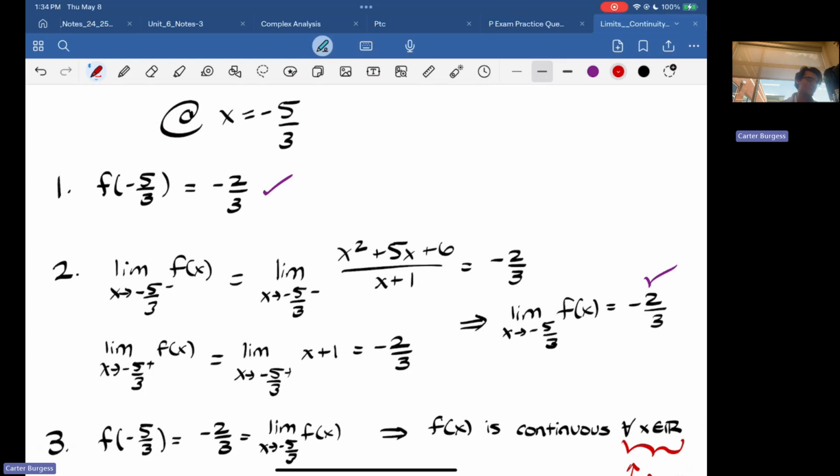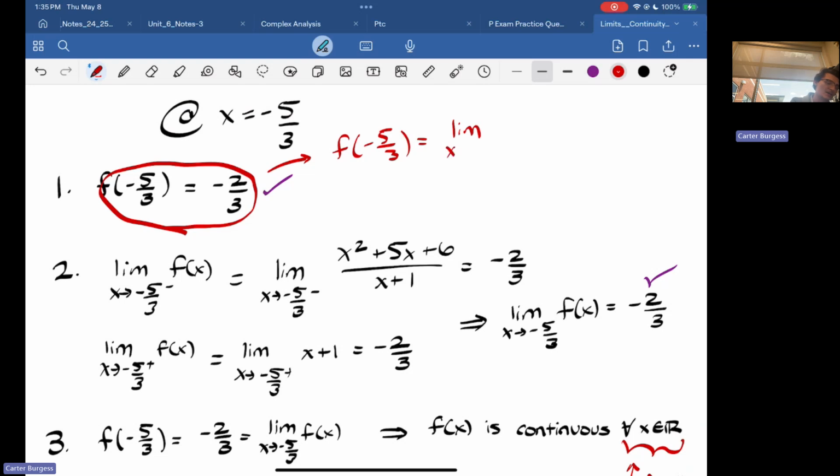You could include this as a second statement. This is what I was doing for one of my other periods: if you do this step second instead of first, you could say something along the lines of f of negative 5/3 is equal to the limit as x approaches negative 5/3 on the left of f of x, which we already found to be negative 2/3, right? That would be an okay thing to say. And you wouldn't have to recalculate it. I think you are creating more opportunity to mess it up by doing it, and I would not necessarily recommend it.